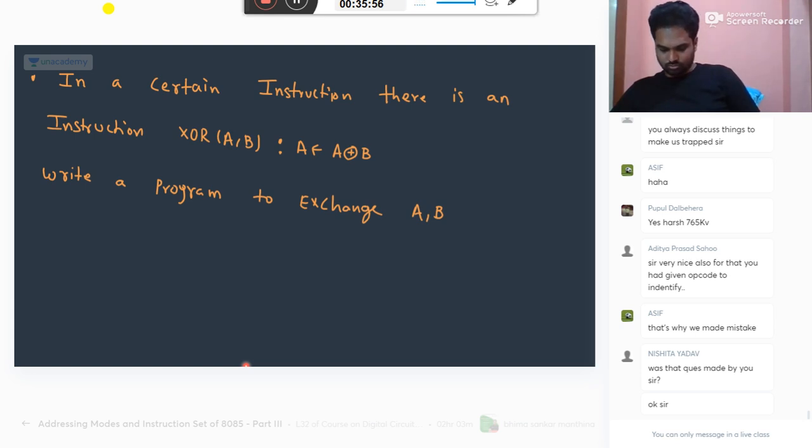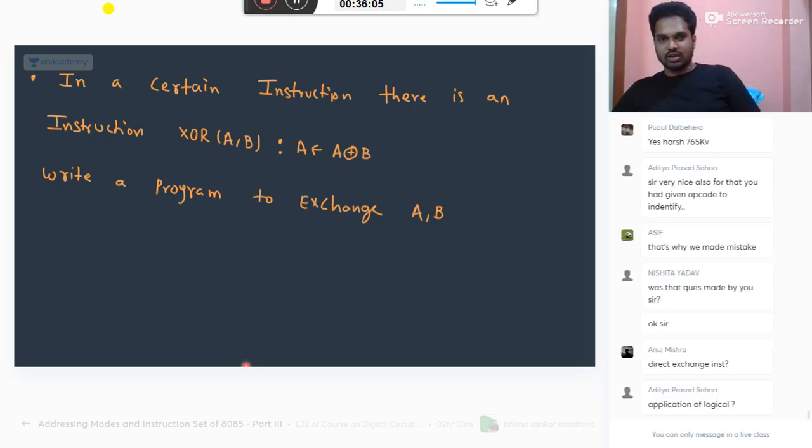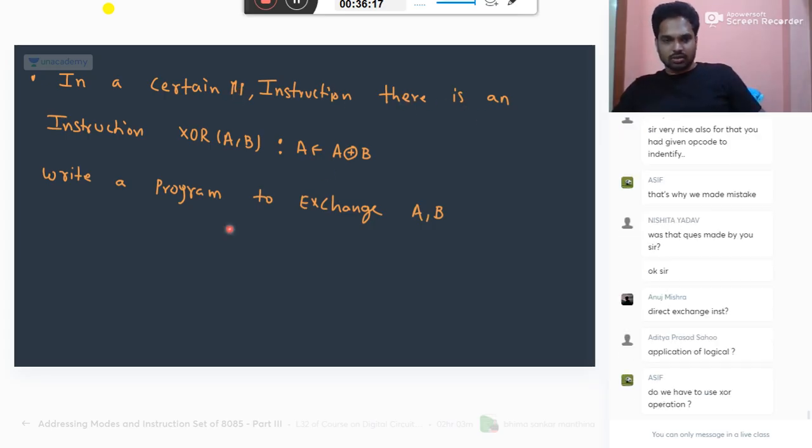In this microprocessor, there is an instruction XOR of A, B, which means A XOR B will be copied to A. Only this instruction is available. No other information is given by the examiner. So don't use exchange and move and all those things. Those are not available. He told only this, so we use only this. Okay, it is not 8085.